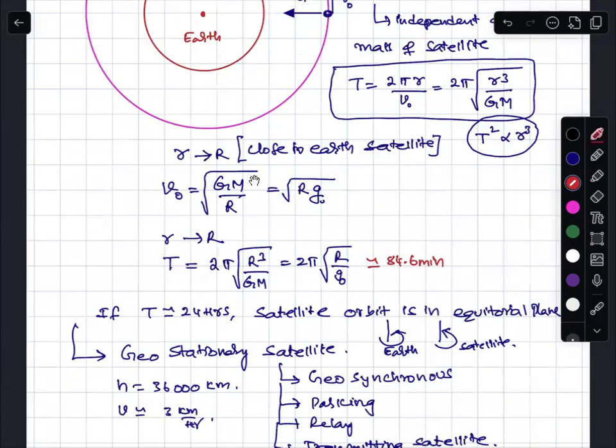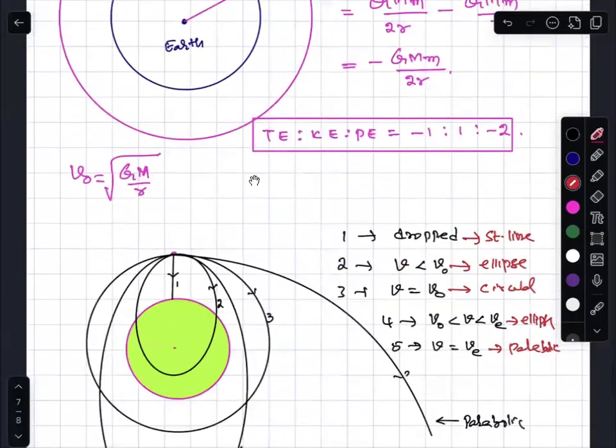Please try to understand, in such cases the satellite is bound to Earth. It is moving there and there only. Whereas the case which I am discussing right now comes under escape velocity. So what is escape velocity?